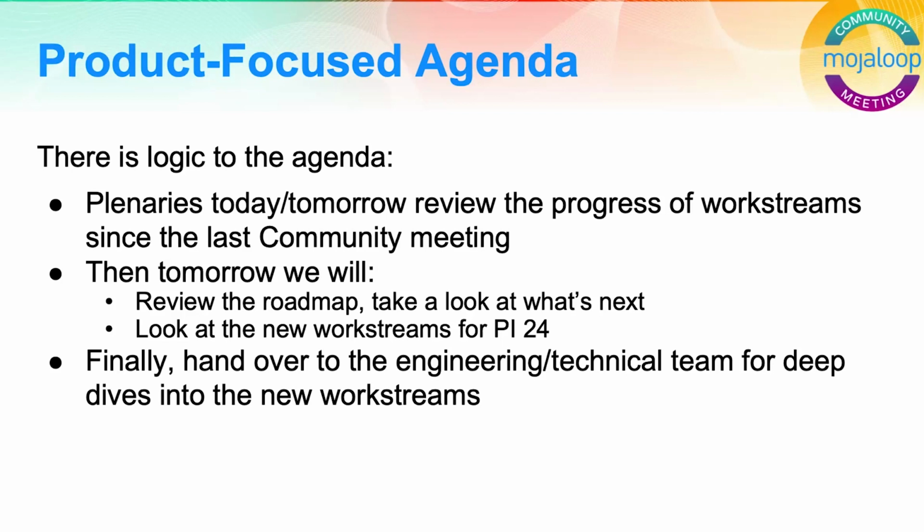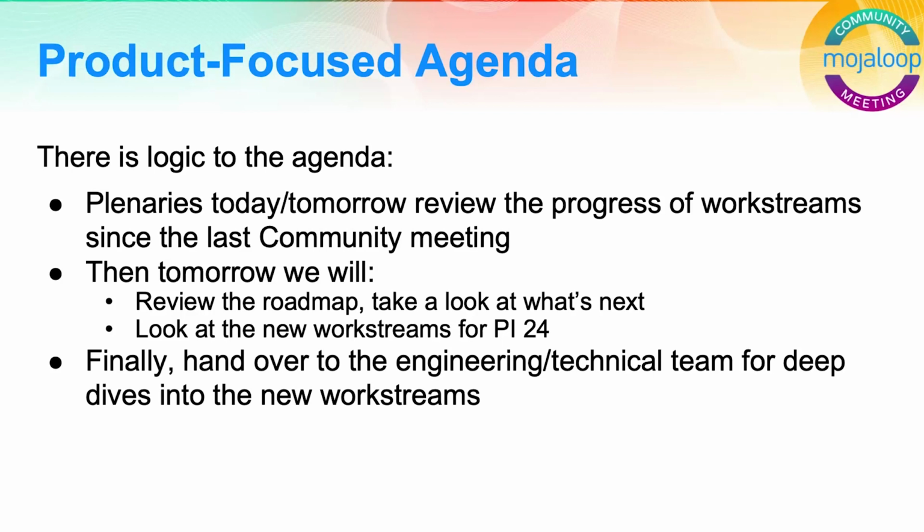Then tomorrow, once we've been through all of the plenaries, we will review the roadmap as it stands for Mojaloop and take a look at where we think that's going to take us over the next three months, a year, two years even. And we will also look at the new work streams for the next PI 24. Those work streams have been selected within Product Council.